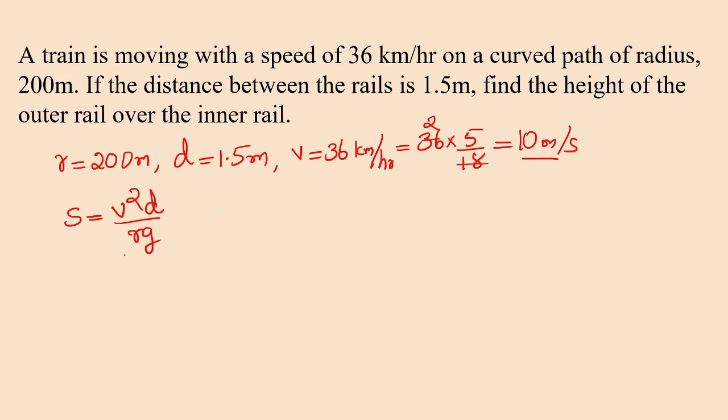So the expression for super elevation is equal to v square d divided by r g. So let us substitute v is equal to 10 square, d is equal to 1.5, radius is equal to 200 meter into g 9.8. Okay.